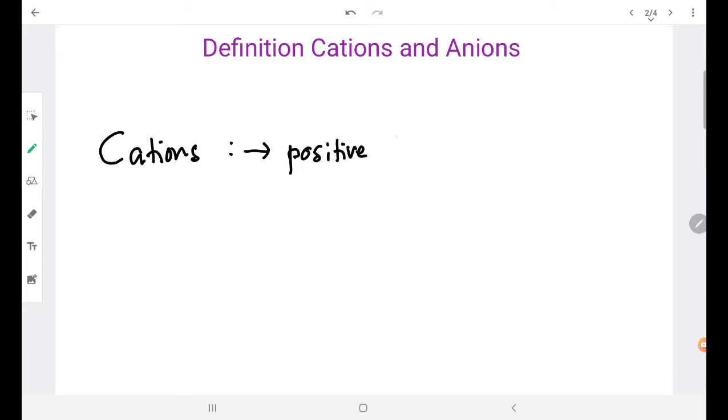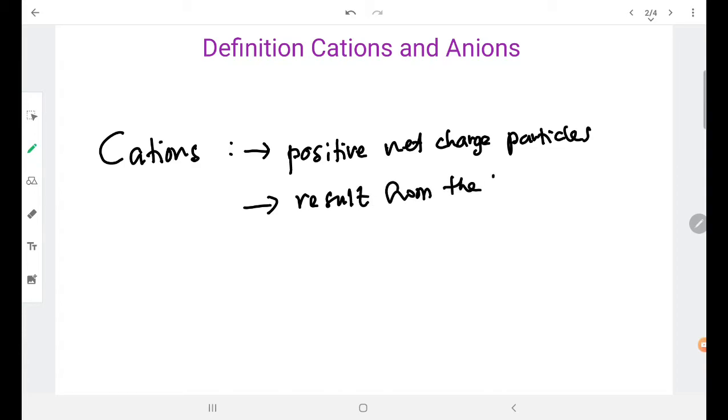positive net charge particles. So during chemical reaction, proton, positively charged particle, remains unchanged. Thus the positive net charge results from the loss of electron from the atom.